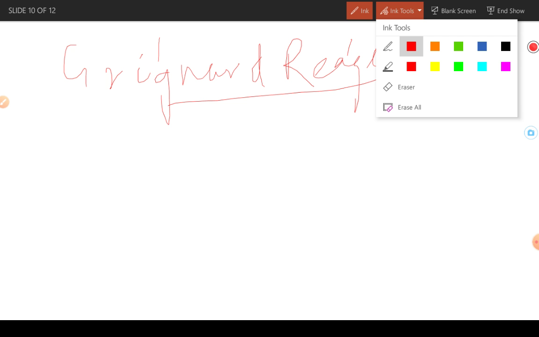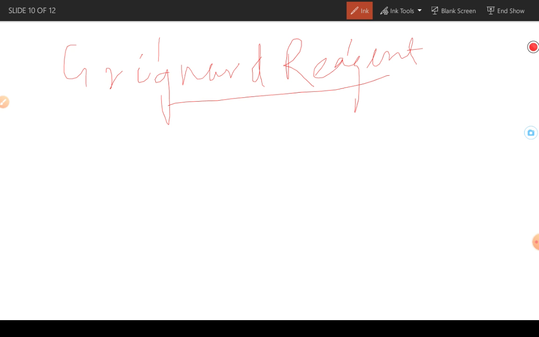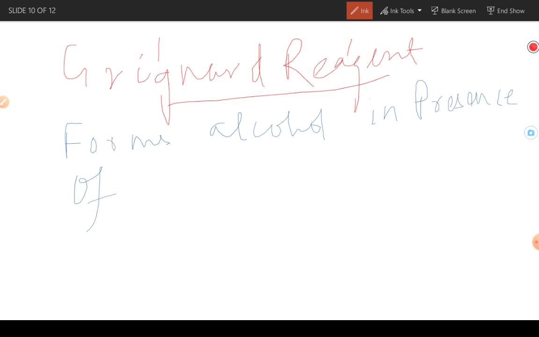Here by Grignard reagent we form alcohol, in presence of aldehyde and ketone. I will be telling you an example regarding this. So do take the screenshot of this Grignard reagent so that I can move on and tell you one example.